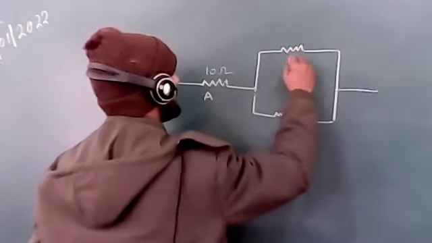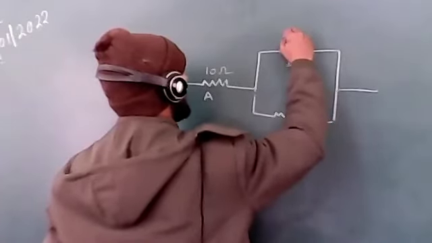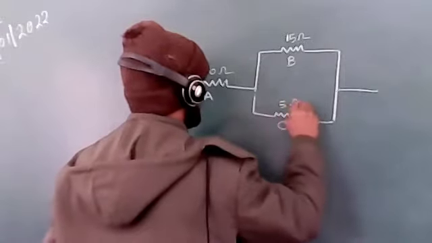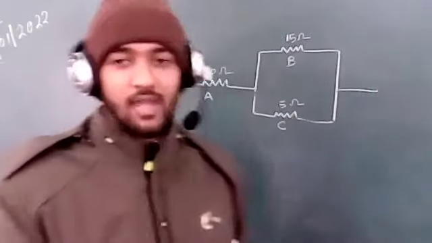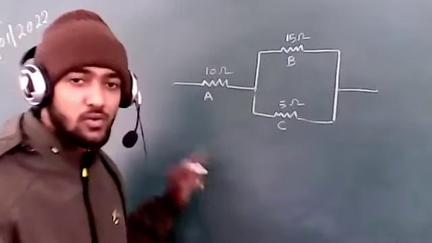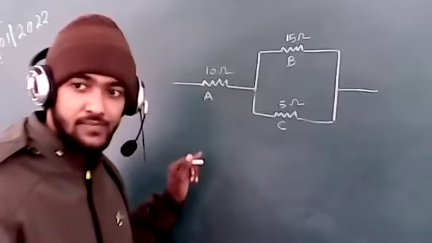This is B, that is 15 ohm, and this is C, which is equal to 5 ohm. Okay, don't solve, just tell me how to solve this circuit. First, what do we have to do? Who's going to tell me? Anyone? What is the approach of this question?